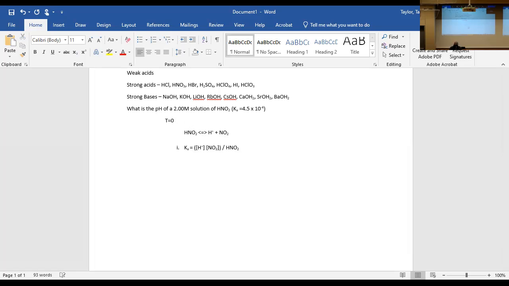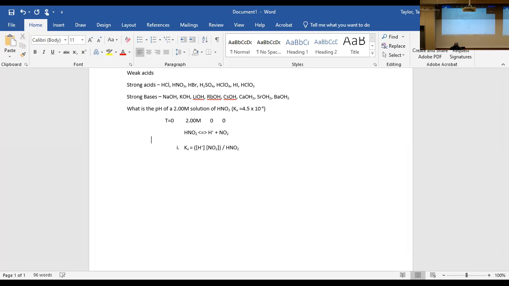So the concentration of the nitrous acid is 2.00 molar. We know that from our problem. Then the hydrogen ion, since it's before the reaction starts, is at 0. And the nitrite is also at 0 because the reaction hasn't started. You have no products yet.